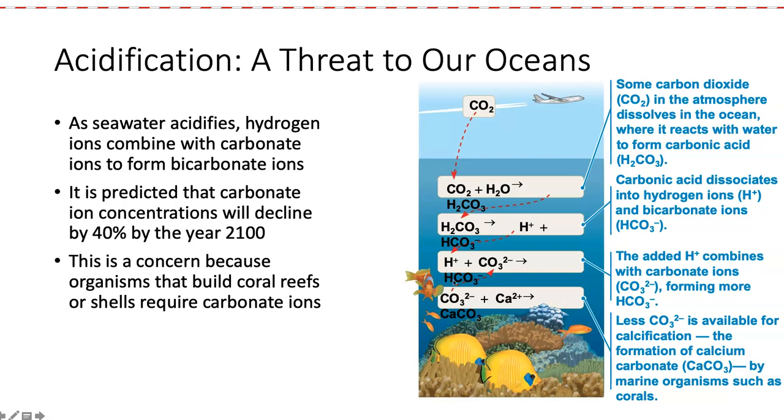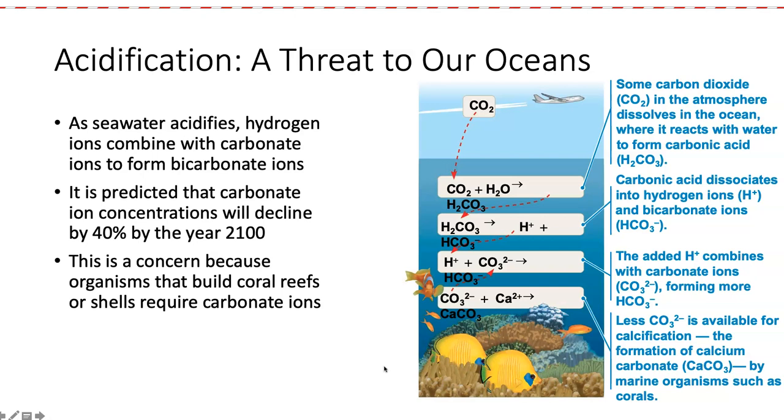Eventually, those protons get added to carbonate, and that calcium carbonate gets broken down, and it's really important for coral reefs. So one of the bad side effects of carbon dioxide is that it keeps getting passed along, and it breaks down coral reefs. This is really bad.